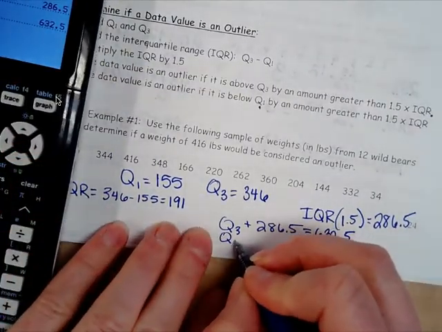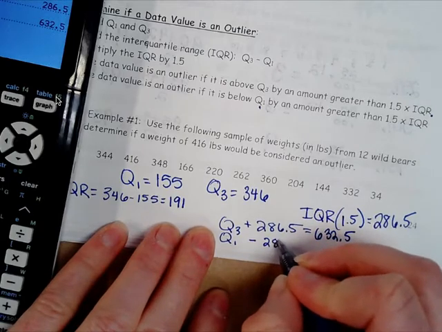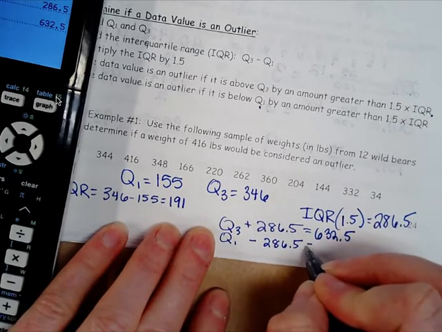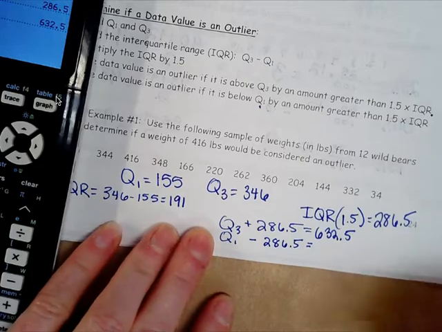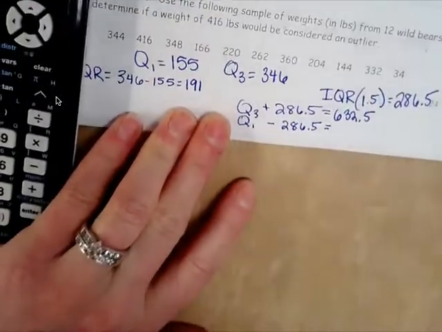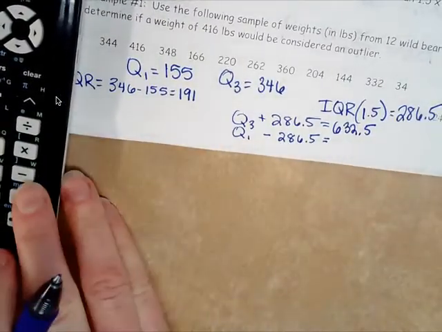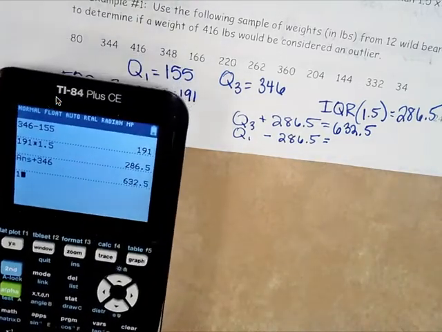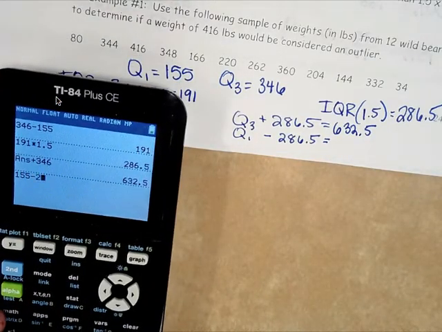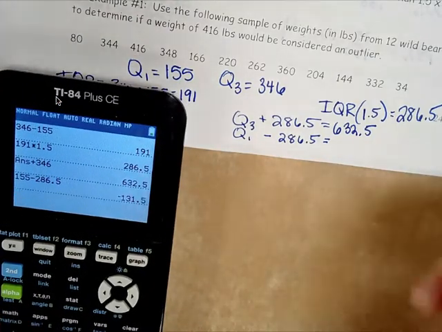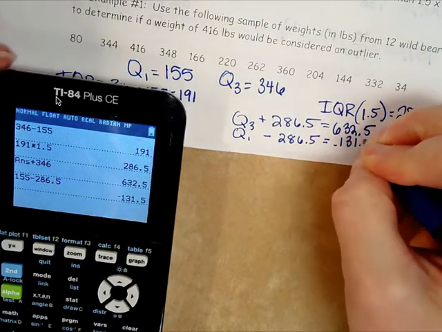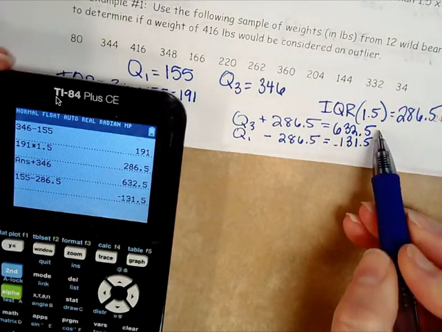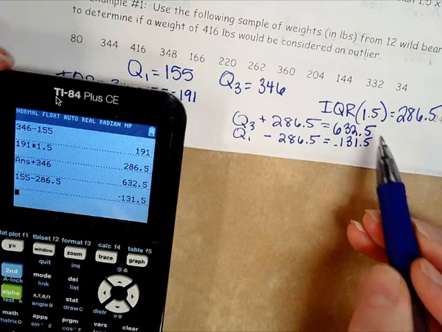So we do quartile 1 minus 286.5, which is going to be a negative number because it's smaller. So 155 minus 286.5, negative 131.5. So anything outside these boundaries is considered an outlier.